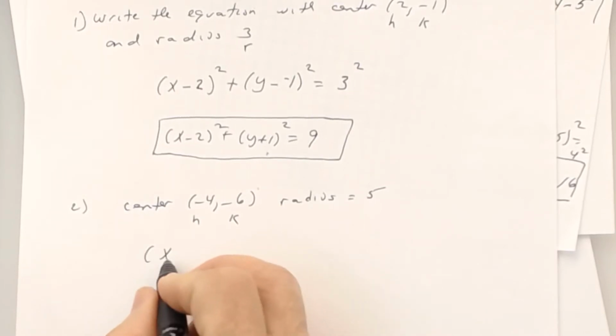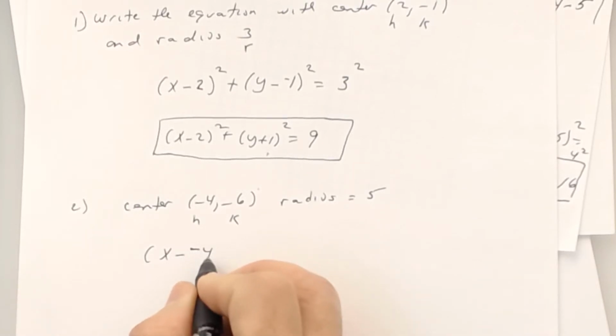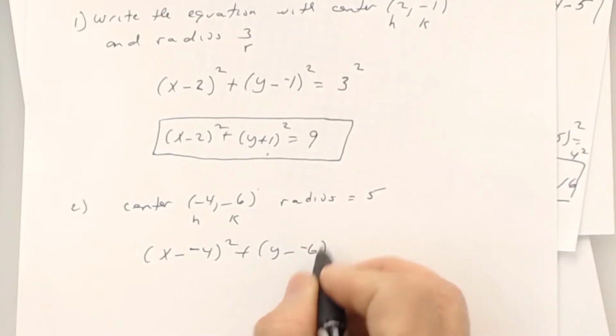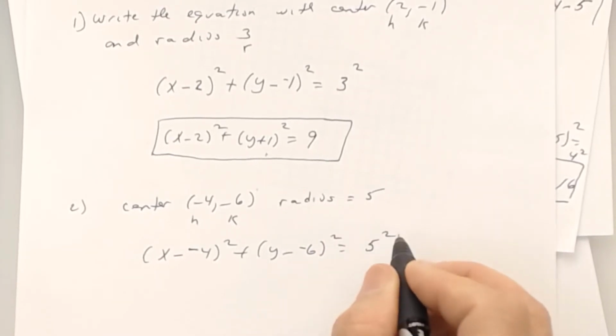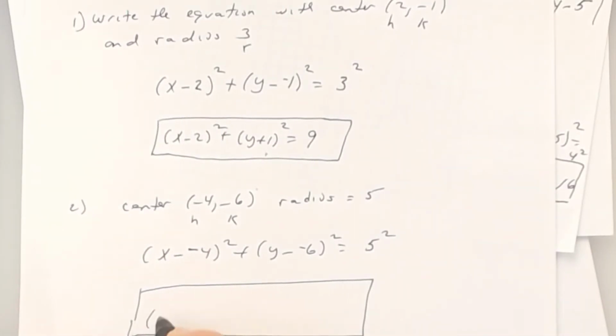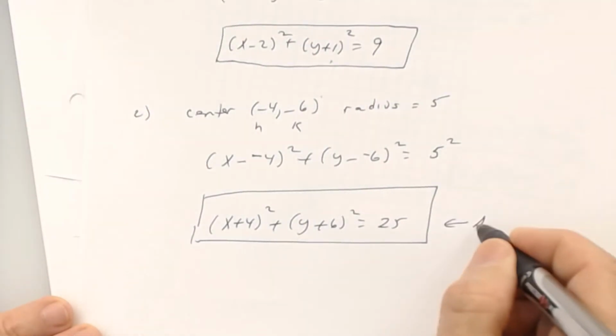So I get (x minus -4) squared plus (y minus -6) squared equals 5 squared. Now your answer, though, will be (x plus 4) squared plus (y plus 6) squared equals 25. That's the equation of a circle. That's your answer.